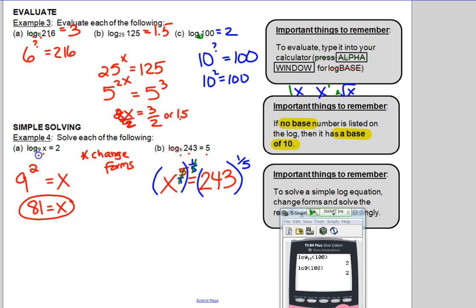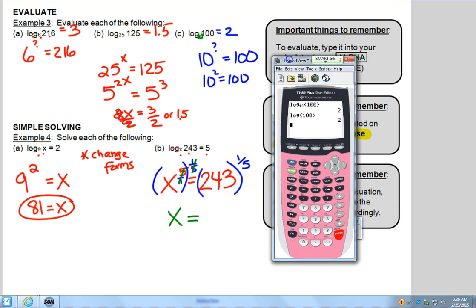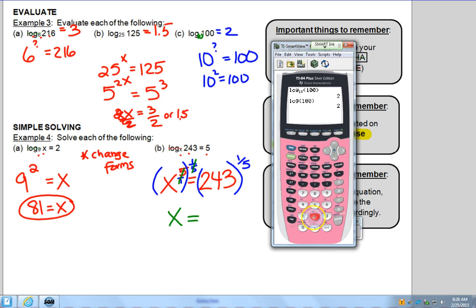These two powers will cross each other off because reciprocals make a power of 1. And then all I have to do is put 243 to the 1/5 power. And we get 3.